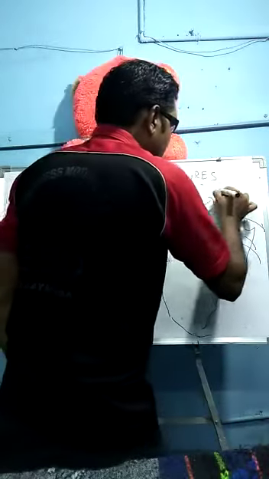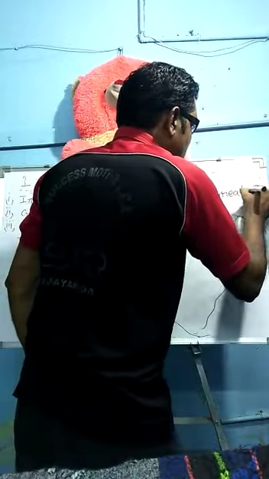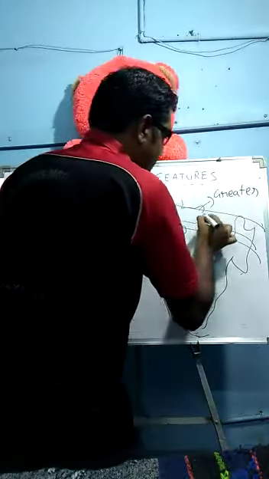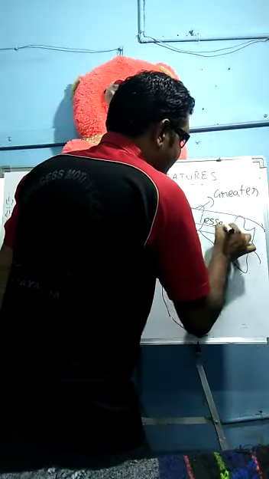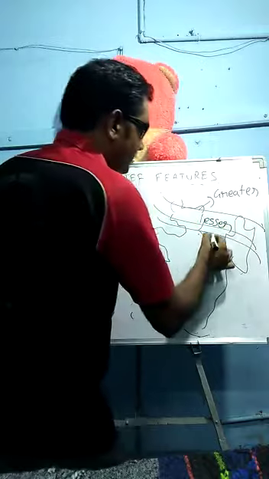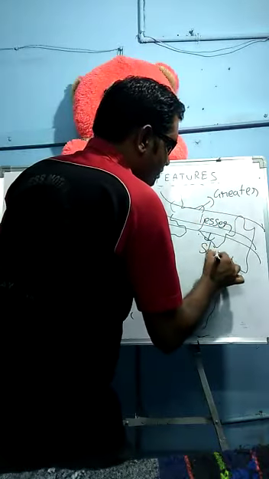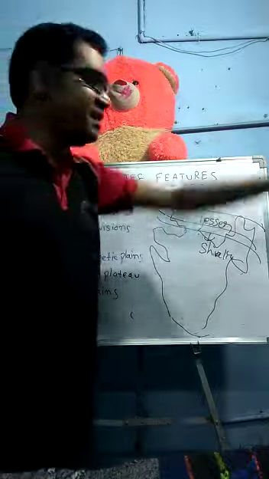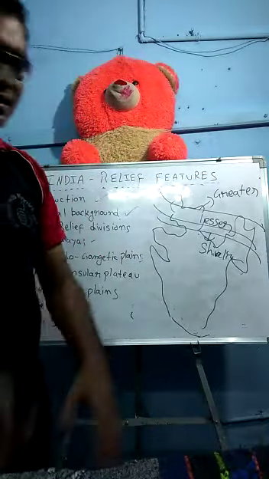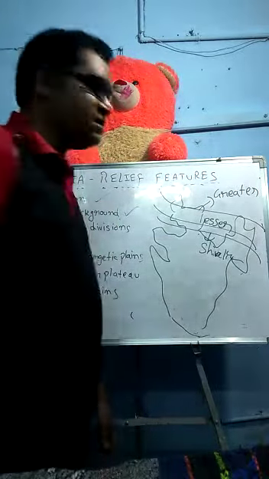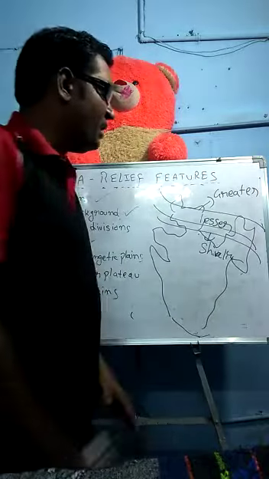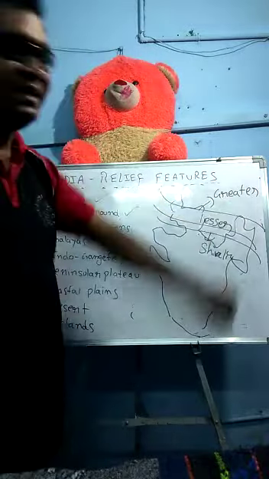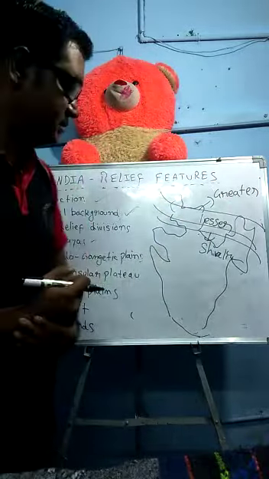First, the Greater Himalayas. Second, the Lesser Himalayas. Third, the Shivalik Himalayas. The Greater Himalayas' other name is Himadri. The Lesser Himalayas, Shivalik Himalayas. So the combination of 3 we call the Himalayas.